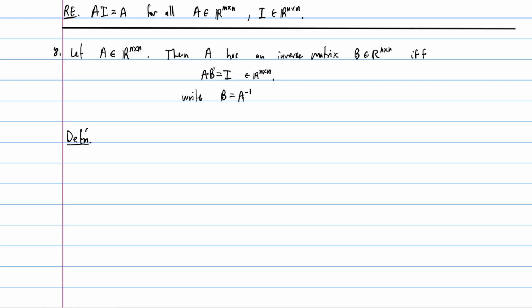Okay, and so this is where this next definition is headed. A matrix A in R^(n×n) is said to be singular if it does not have an inverse.